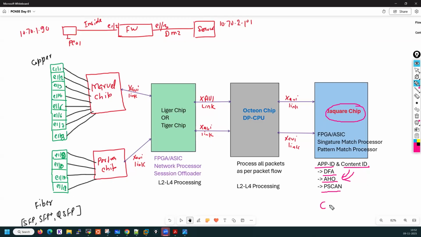Those are the code or programs which are running on top of this particular chip, and they help this engine in app identification and content identification. Because we need some type of program that can instruct it to do the task in a particular way, and that way is defined by those algorithms. So those are the uses of DFA, AHO, and PScan. PScan is the very latest algorithm.